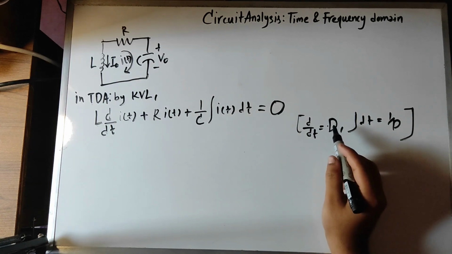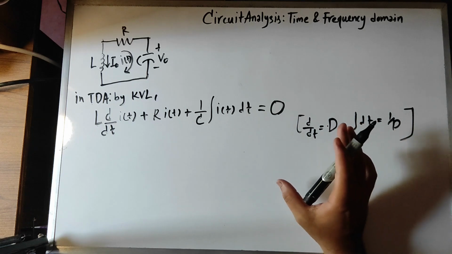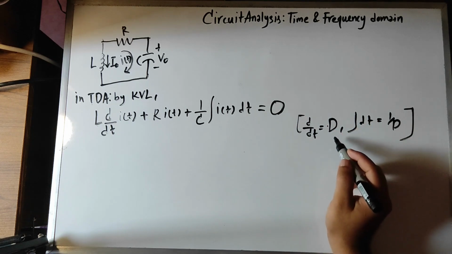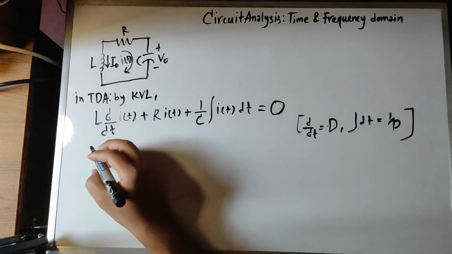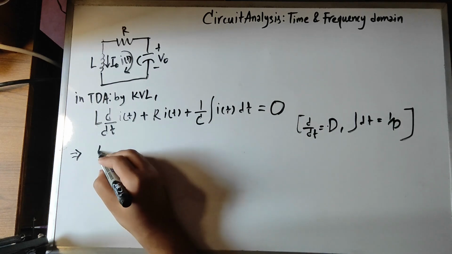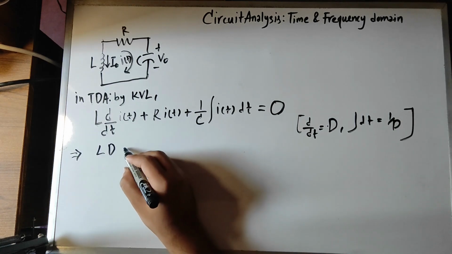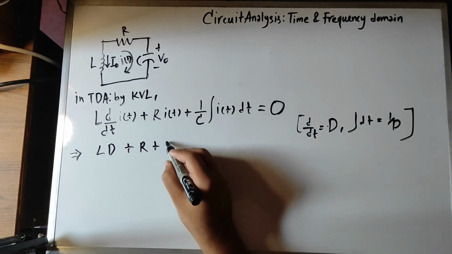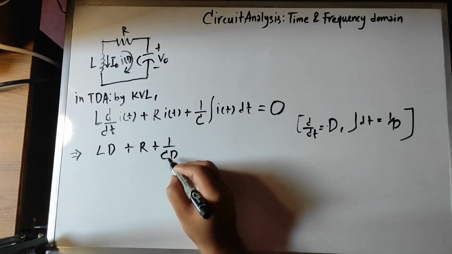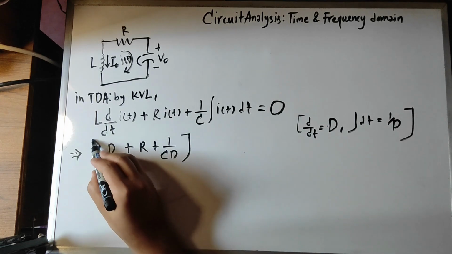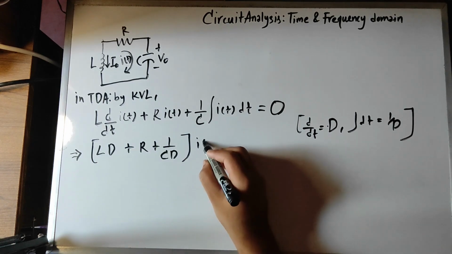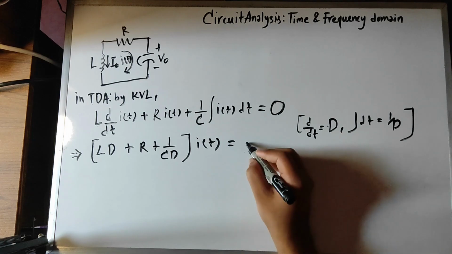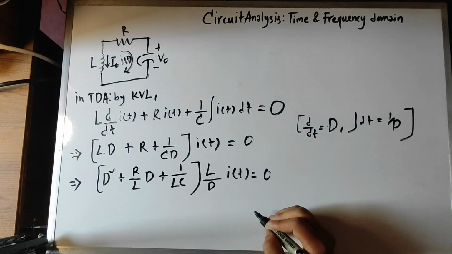We can only use it for linear differential equations. So this gives us LD plus R plus 1 by CD, taking i(t) common, equals 0.